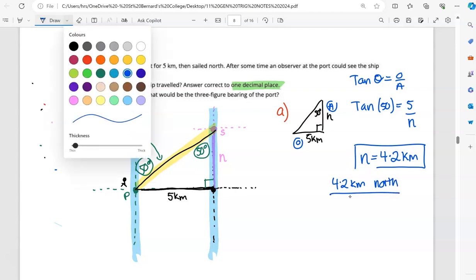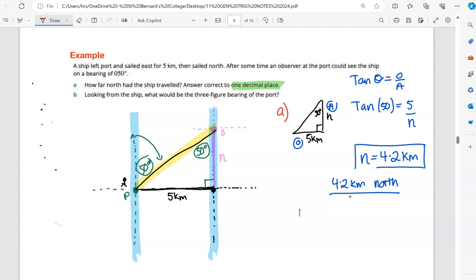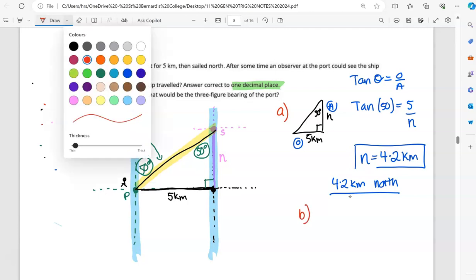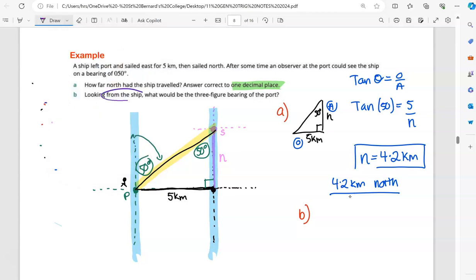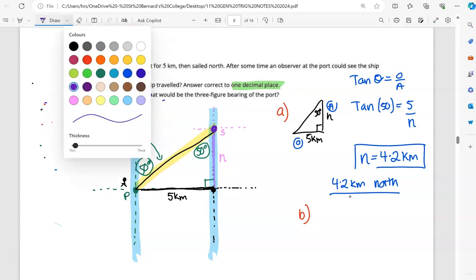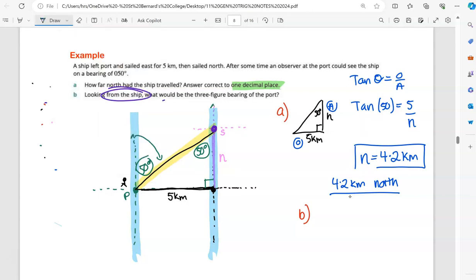All right, then B, it said looking from the ship. When we say this, from the ship, you're from here, yeah? And what would be the 3-figure bearing? From the ship, you start here from its north, and you go all the way around to there.